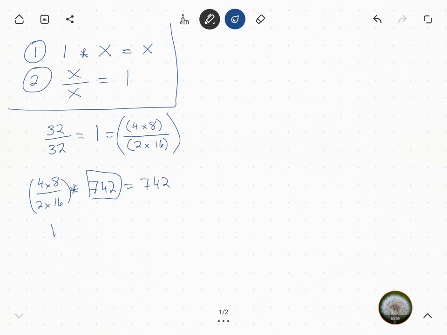So 1 times anything equals itself. And that's really the nuts and bolts of unit conversions, using both of these rules: anything divided by itself equals 1, and anything times 1 equals itself. So we've used both of those rules in order to state this.